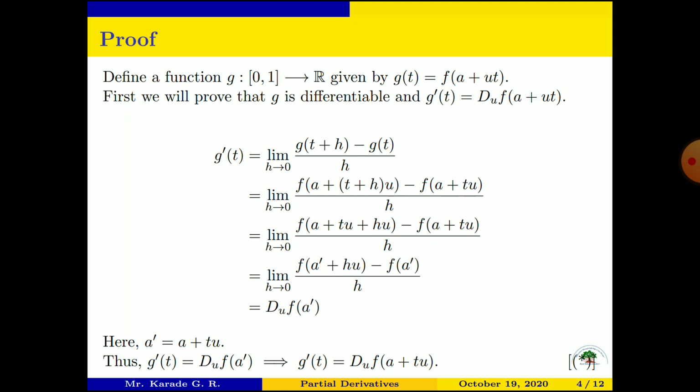So by the definition of function g, we write this here. In the second step, limit h tends to 0 of f of a plus t plus h into u minus f of a plus tu. You can write ut or tu, no problem.